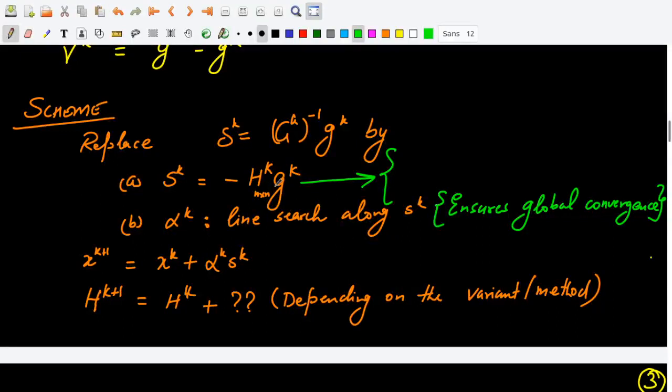But at the same time, recall that we are not using minus of gk like we do in steepest descent, but we are modifying the steepest descent direction by this matrix Hk, and Hk is a model or an approximation for the inverse of the Hessian.